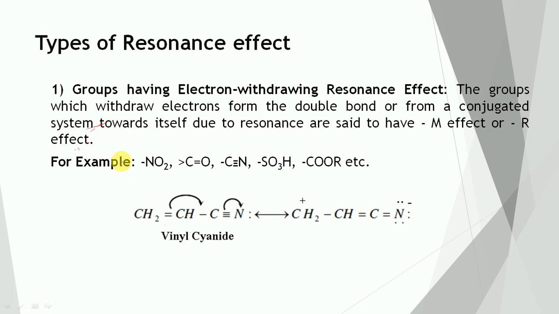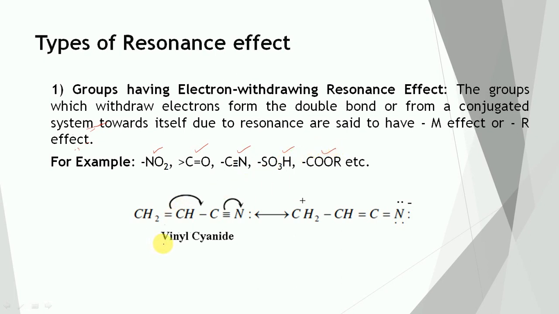The groups which show this electron withdrawing resonance effect are NO2, aldehyde or ketone, cyanide, sulfonic acids and esters.